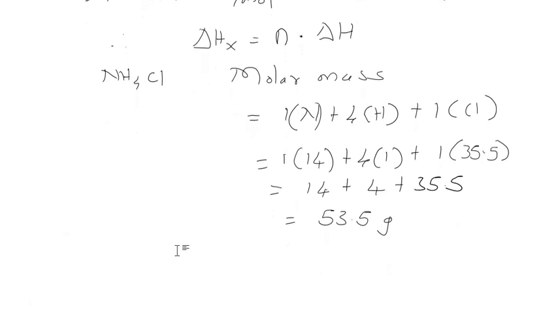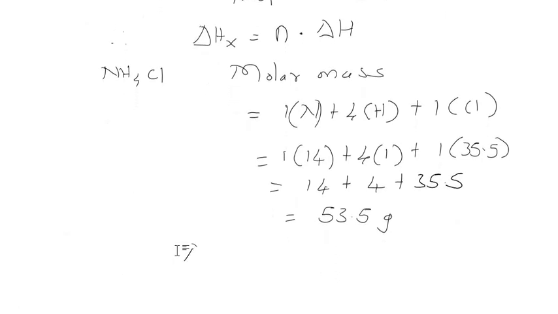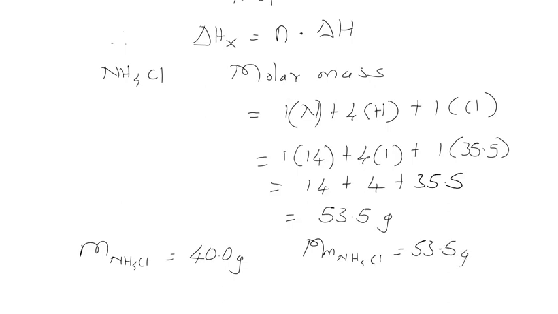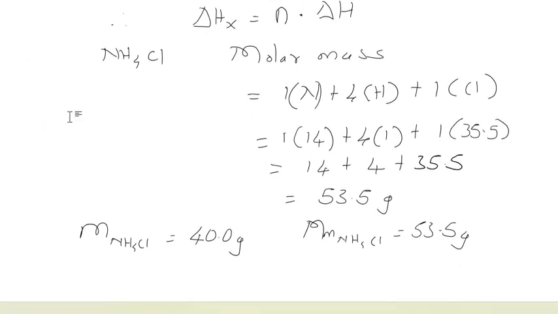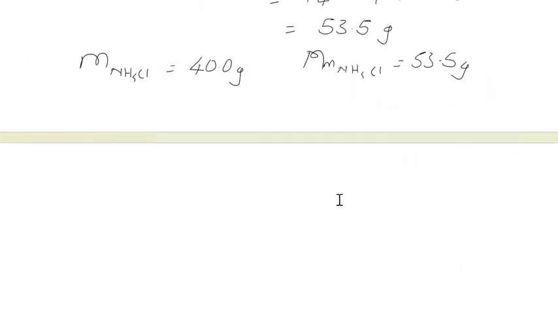So we can now determine, we have been given the mass of ammonium chloride, which is 40 grams, and we have now the molar mass of ammonium chloride as 53.5 grams per mole.